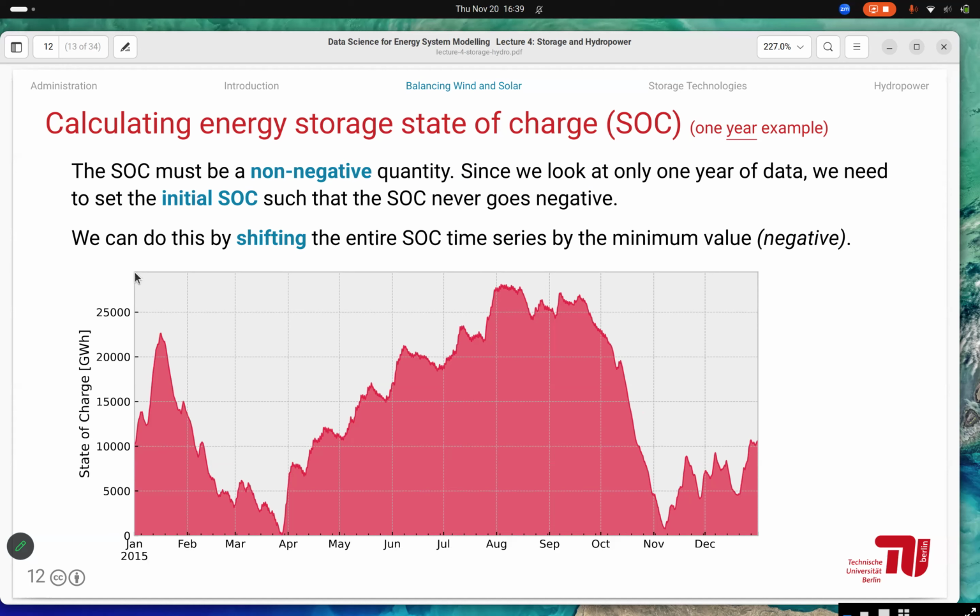And then from that, you can read the energy storage capacity, how much energy this storage would need to hold. And in this case, maybe somewhere around 26,000 gigawatt hours. It's just the maximum of the state of charge curve that would then determine our capacity.